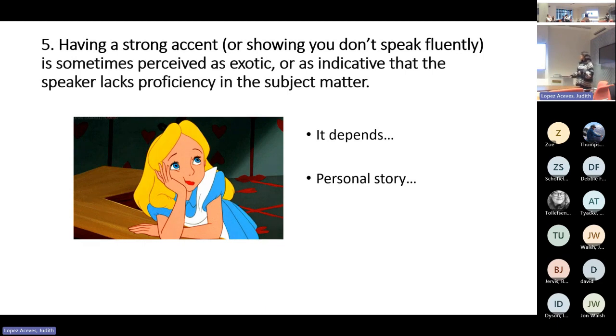The personal story I was going to tell you about happened during my master's. I had tons of different professors during my master's that were really, really great. The problem was that when I was in Italy, the professors were Italian. One of the professors was completely excellent. She was amazing, but with a strong Italian accent. There was another professor, Italian as well, but she had her undergrad, master's, and PhD in the States, so her Italian accent was not possible to perceive at all.